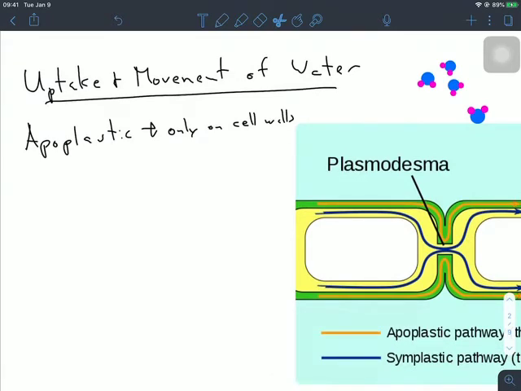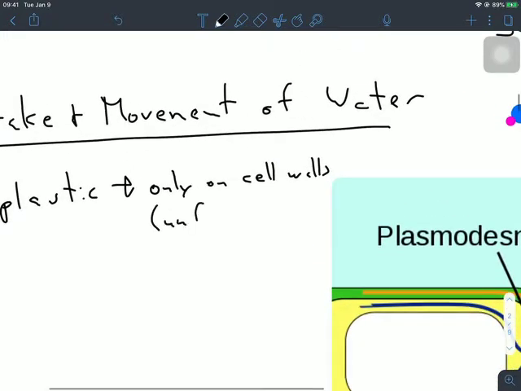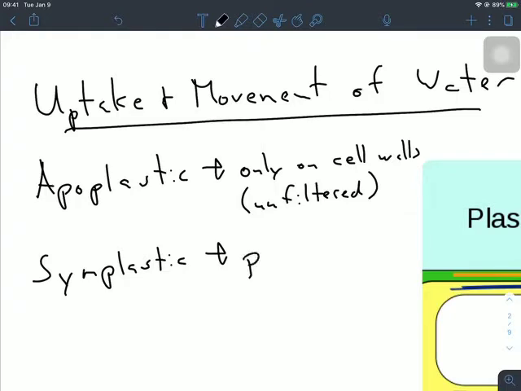And that's the major difference between our apoplastic movement, only cell walls, so this water is unfiltered in its movement, and symplastic transport, meaning that it moves through plasmodesmata.